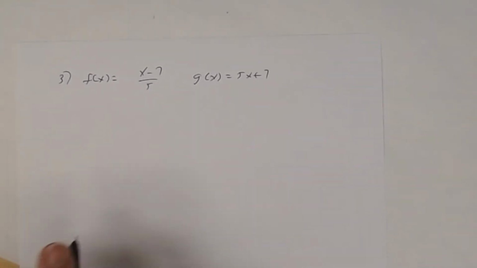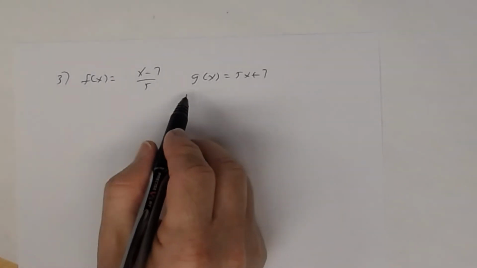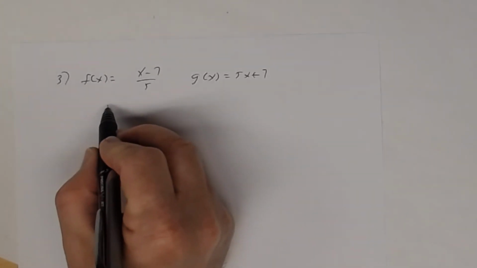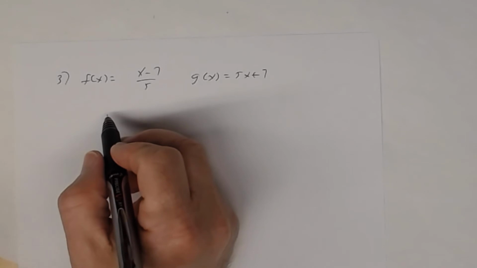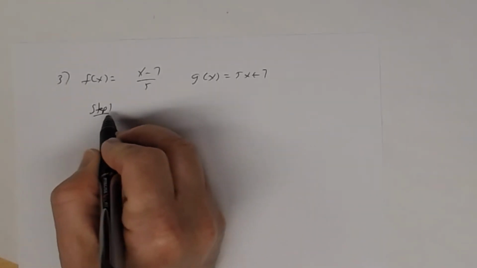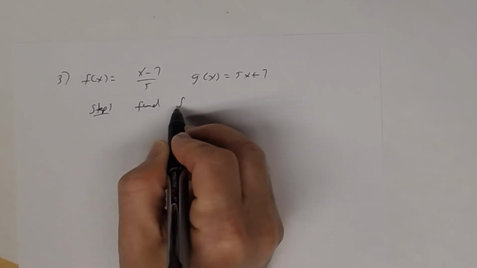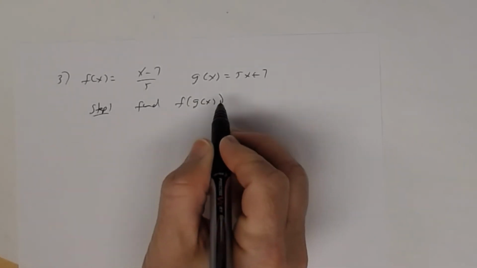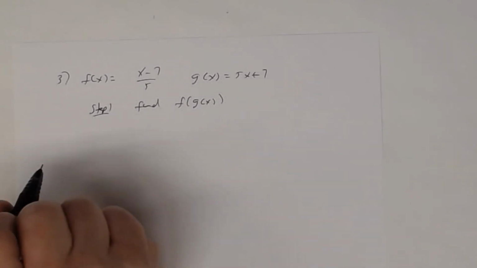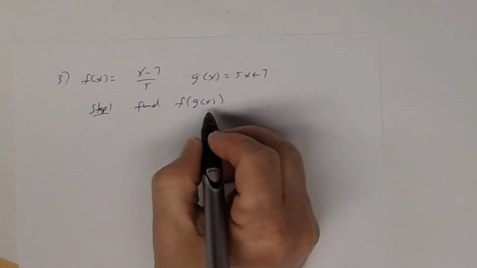All right, so if I want to determine if those two functions are inverse of each other algebraically, remember our steps. Step 1, step 2, step 3. So step 1 is I've got to find f of g of x. So I need to know when I substitute my function g into my function f, what do I get? What do I get back?